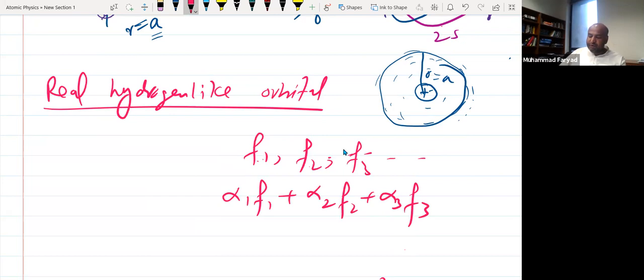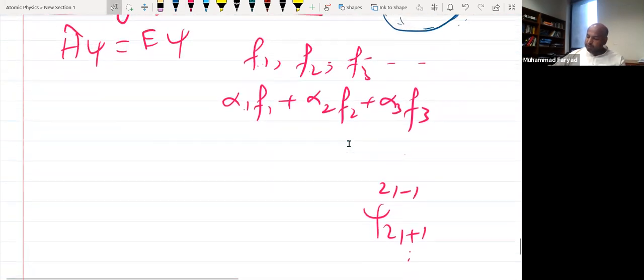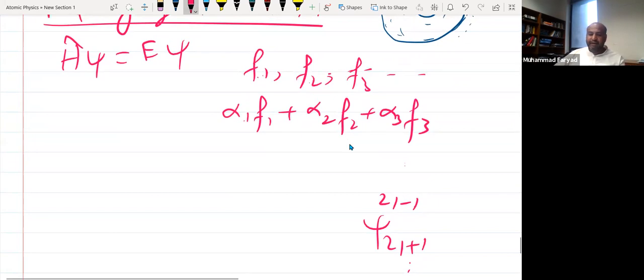So if f1, f2, f3 are solutions of the Schrodinger wave equation for hydrogen, then any linear combination of these solutions is also a solution of the same differential equation. So it means that we not only can use these nlm solutions to represent the solutions of the Schrodinger equation, but we can also use any linear combination of them.